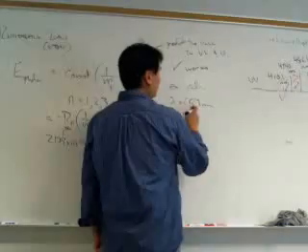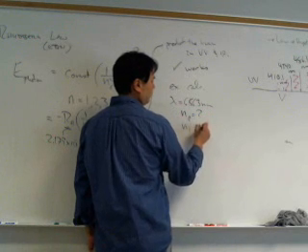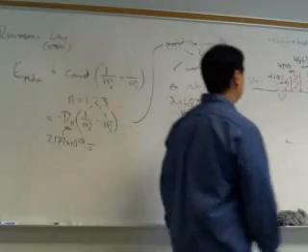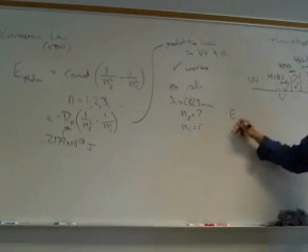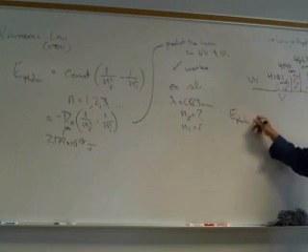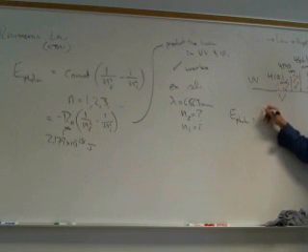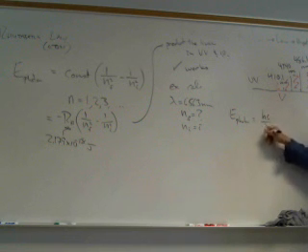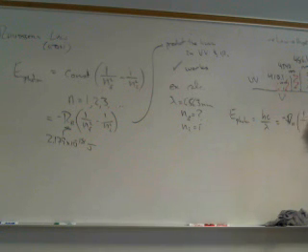Okay, so we want to know what n final is and what n initial is. So we'll go ahead and do the calculation here. The energy of the photon is equal to hc over lambda, which is going to equal minus R sub h, 1 over n final squared minus 1 over n initial squared.